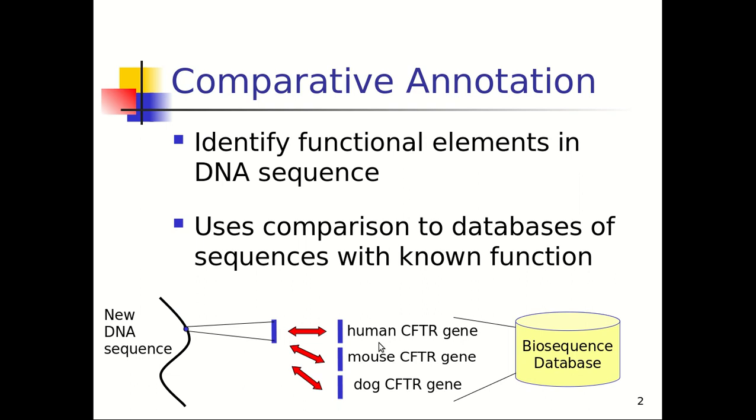Now next, we identify the functional elements. So these are the little pieces that do something inside a gene, and we want to find the functional elements, the smaller sequences inside the larger sequence that are known to have functions.